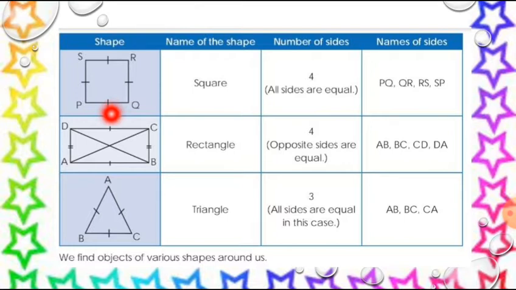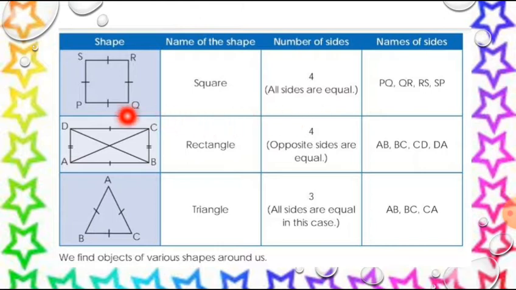So we can write here the name of the shape is square and the number of sides, that is 1, 2, 3, 4. 4 sides. Now name the sides. PQ is a side, QR is a side, RS is a side and SP is another side. This way you can name the sides.